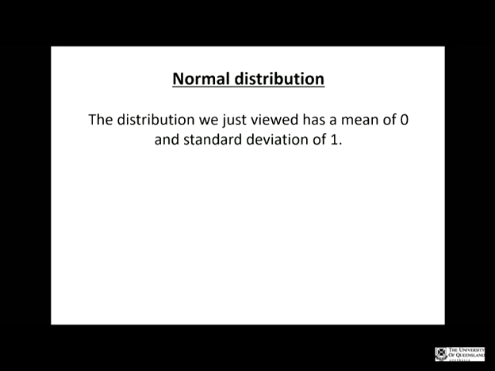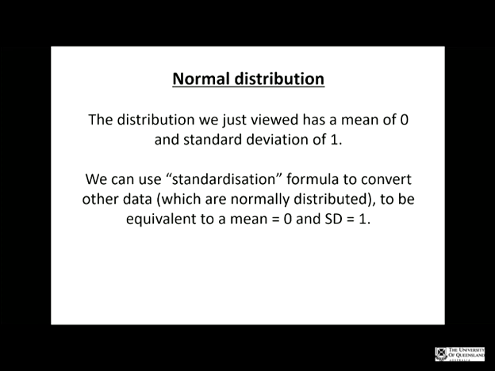And so that normal distribution we just looked at has a mean of 0, standard deviation of 1. So it's a standardised normal curve, and when we do that, we can use those tables, we can use that software, we can compare different samples and different distributions and work out their probabilities.